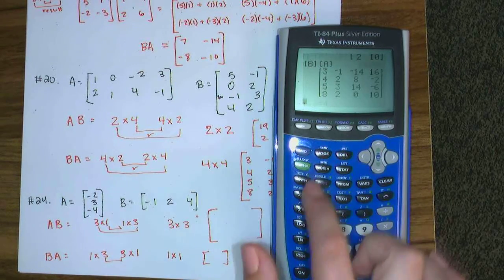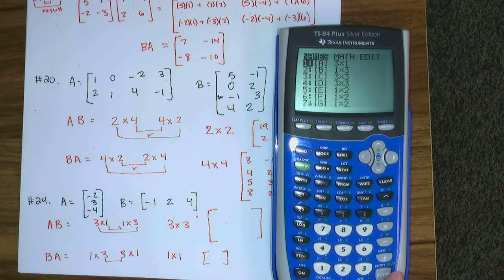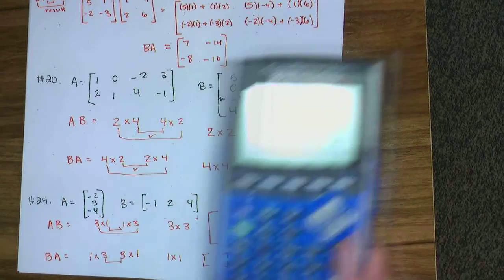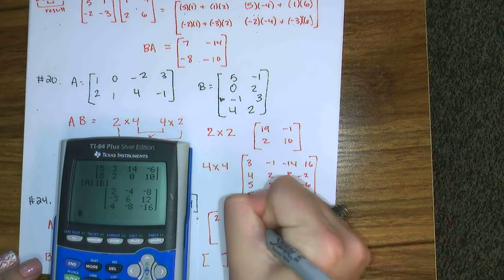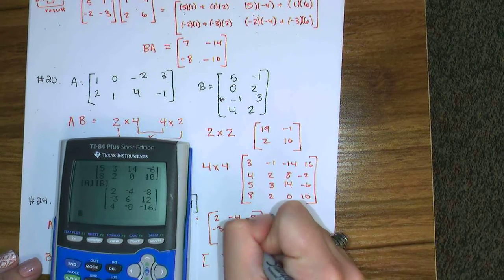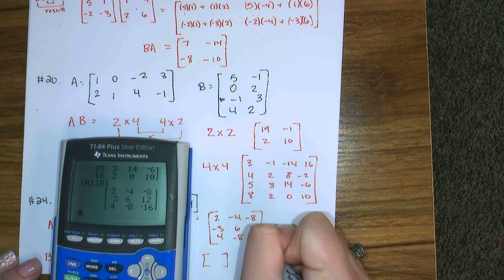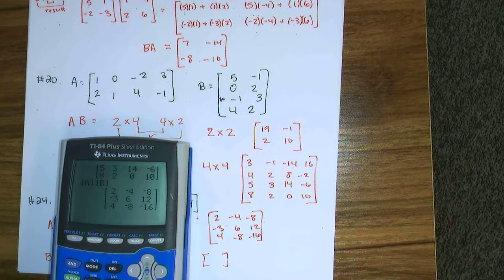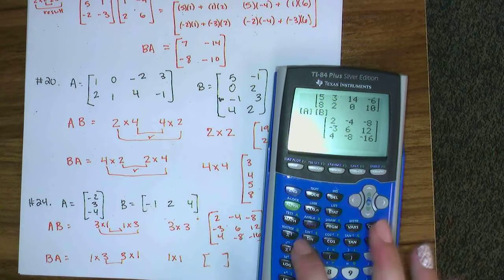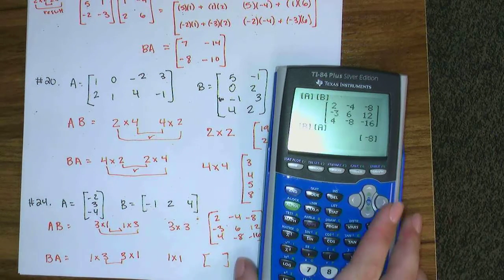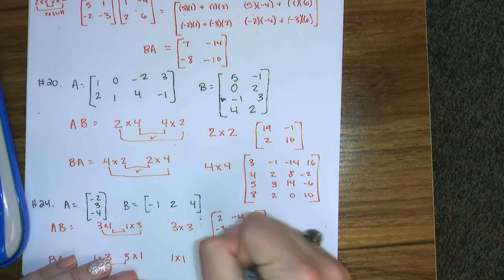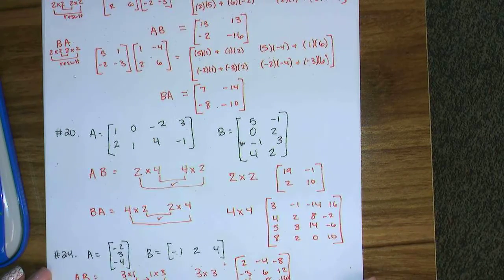Second quit, second matrix, A, second matrix, B. So that resulting 3 by 3 gives us 2, negative 4, negative 8, negative 3, 6, 12, 4, negative 8, negative 16. And then we need to do the reverse. So second matrix B, second matrix A gives us just negative 8. And that is all for that type there.